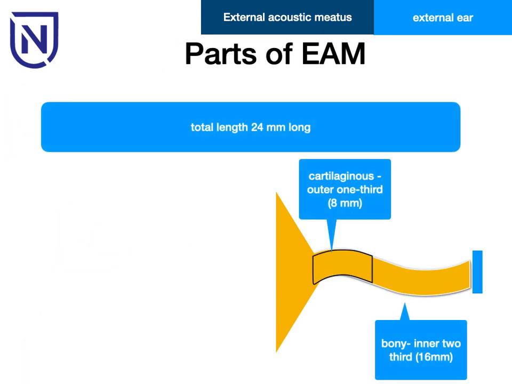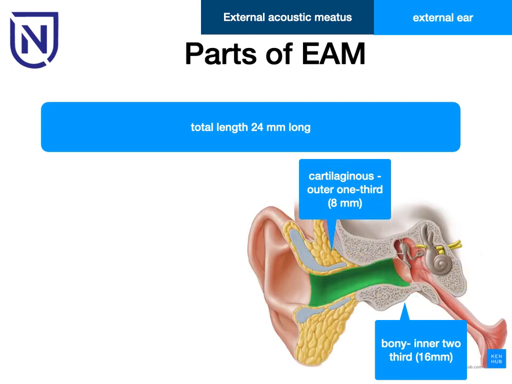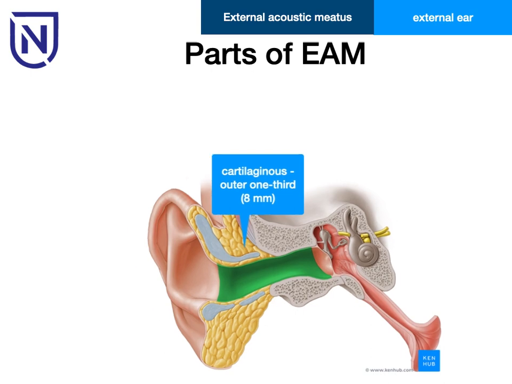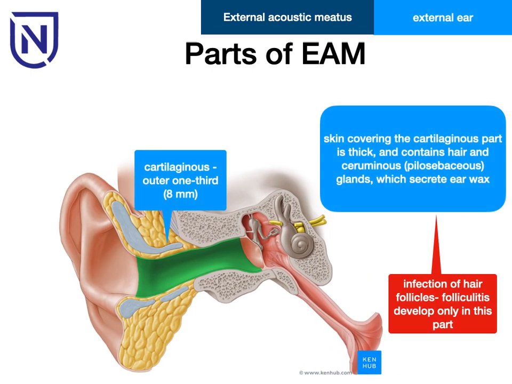Parts of the external acoustic meatus: the total length is 24 mm. It is divided into the cartilaginous outer part and the bony inner two-third part. Skin covering the cartilaginous part is thick and contains hair and ceruminous glands which secrete ear wax.